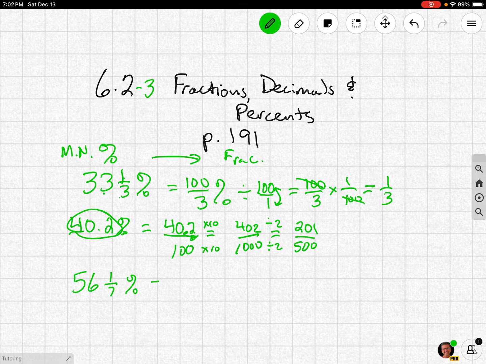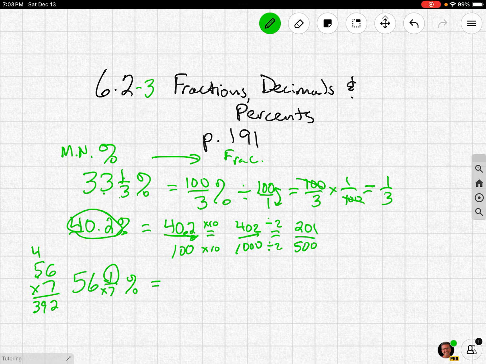1/7%. Okay, that is equal to 7 times 56, plus 1. So 56 times 7: 6 times 7 is 42, 5 times 7 is 35, and then we have to add the 1.